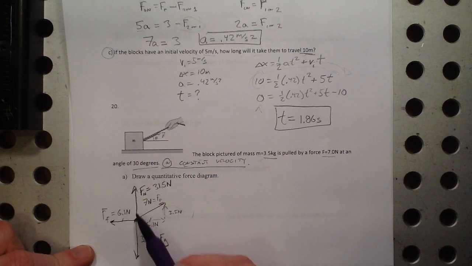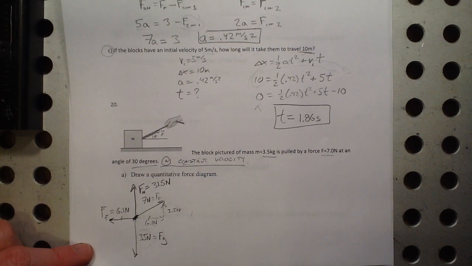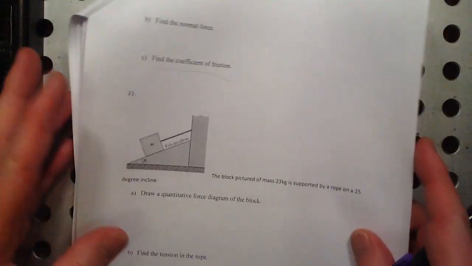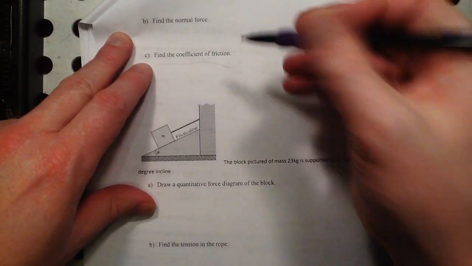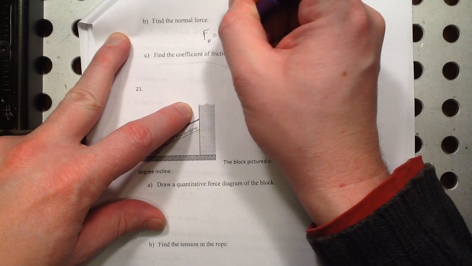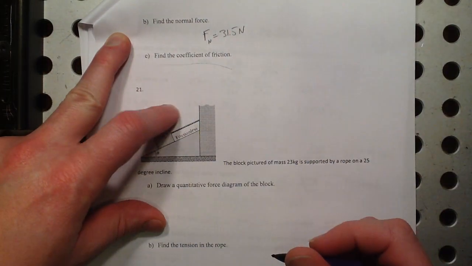Find the normal force. We did that already. And then find the coefficient of friction. Well, I know that frictional force is equal to the coefficient of friction times the normal force. So the frictional force is 6.1 newtons.